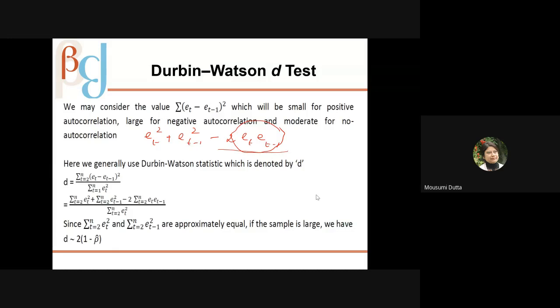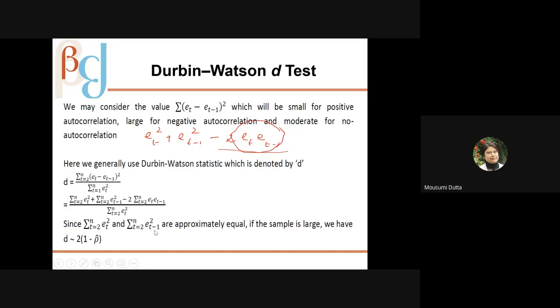Okay. Now, in the numerator, we have summation t is equal to 2 to n et square, and summation t is equal to 2 to n et minus 1 square. These two things, according to Durbin, or running several experiments, they found that these are approximately equal to each other.